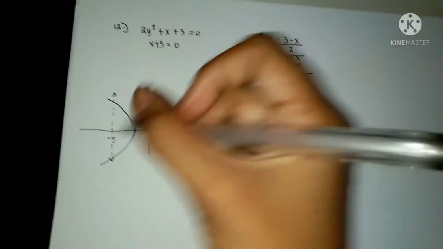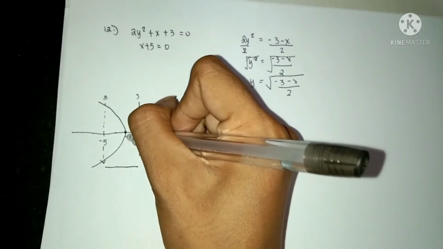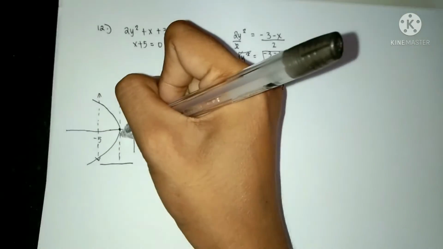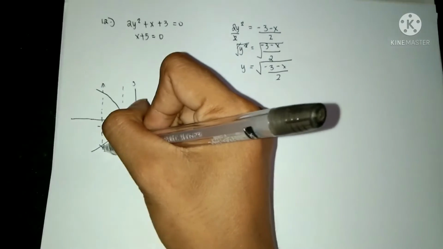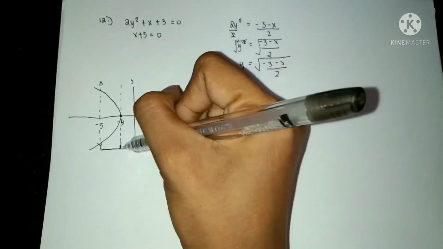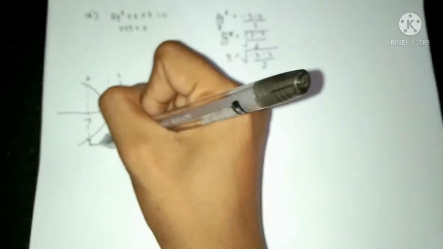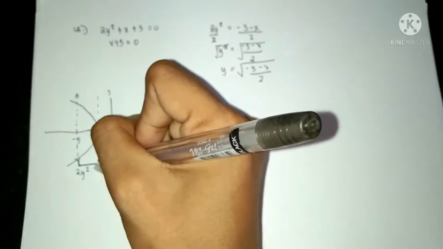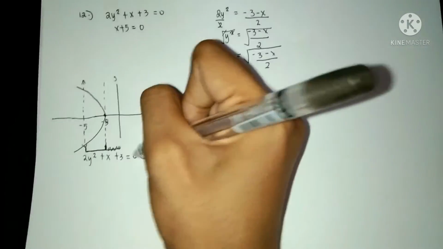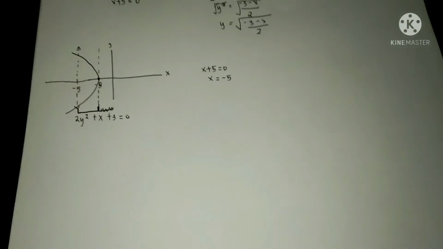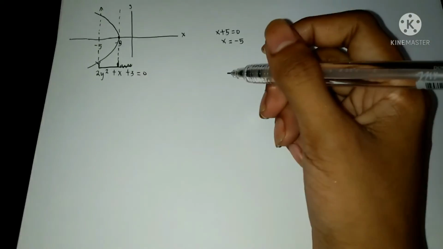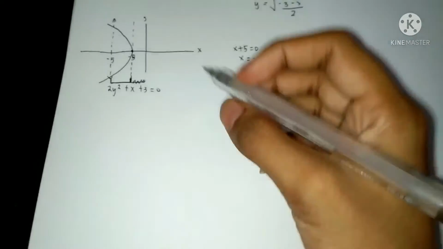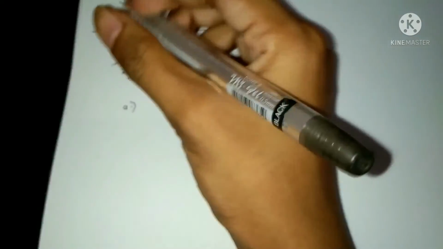Ito yung graph ng ating negative 3. Ito, from this, is 2y squared plus x plus 3 is equal to 0. So, next is, kunin na natin yung about the line A is equal to x minus 4. Asan ba yung graph ng x minus 4?